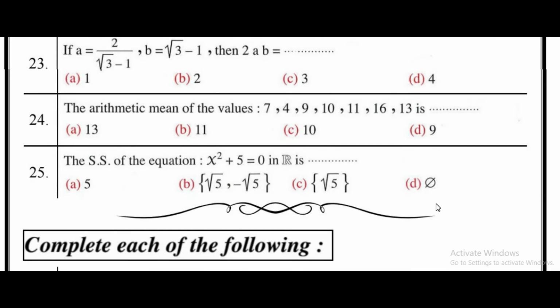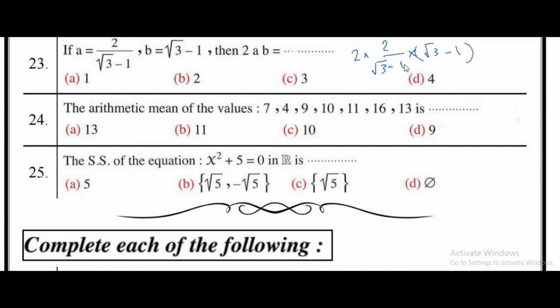2ab, 2 multiplied by a, 2 over root 3 minus 1, times b, root 3 minus 1. The numerator I cancel with the denominator. 2 times 2 is 4. The answer is 4.